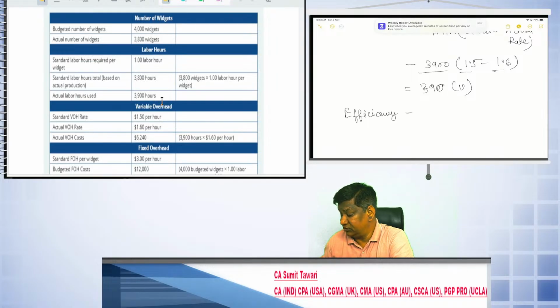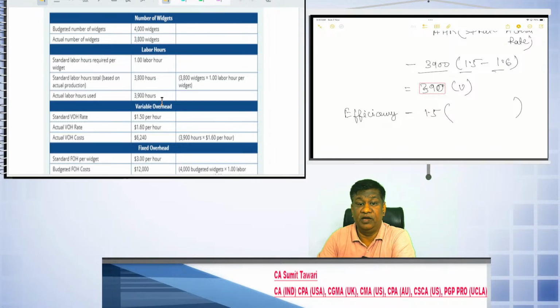So for efficiency, we need to consider the standard rate, which is 1.5, and then the budgeted and actual hours used. The budgeted hours also we need to consider for actual production.